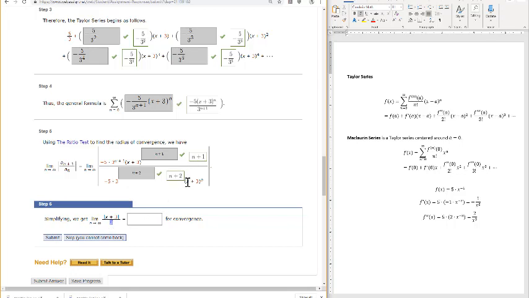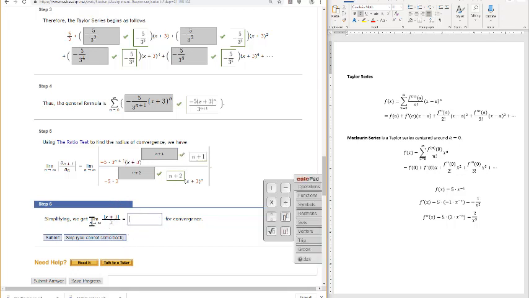N of them would cancel, and then that would leave an x plus 3 in the numerator. And then we have an n plus 1. That's it.